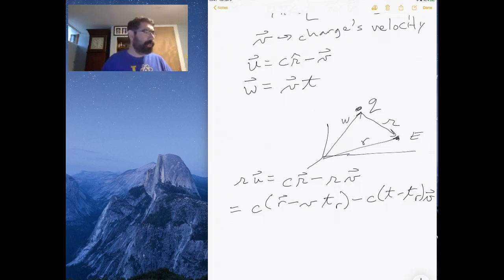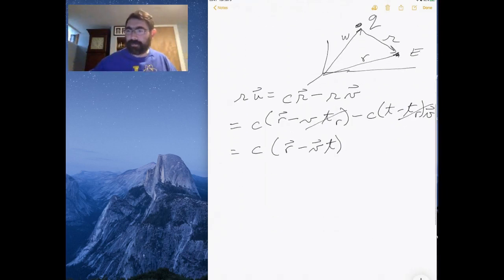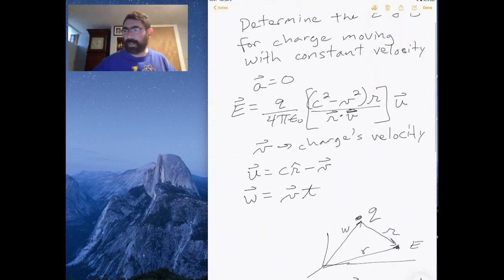Okay, so with that, I can now cancel some things out. So basically these times in the past cancel each other, and what I'm left with is c times script r minus the velocity measured now, at the current time t. Okay, so that's script r times u. So that would be in the numerator right here.